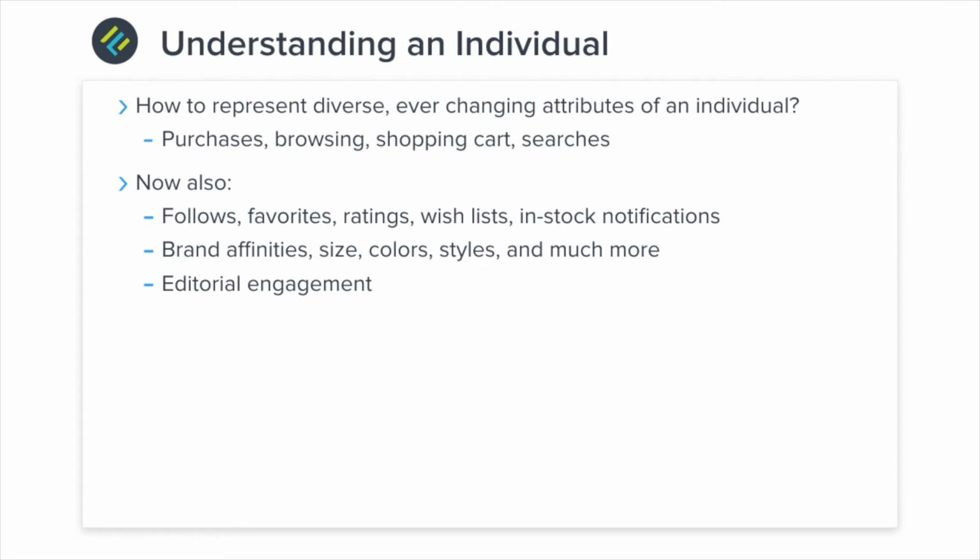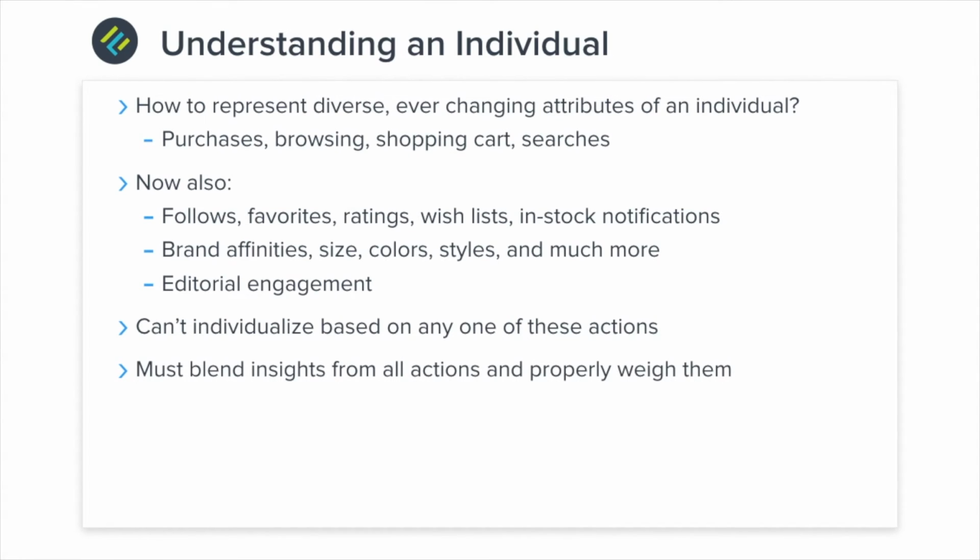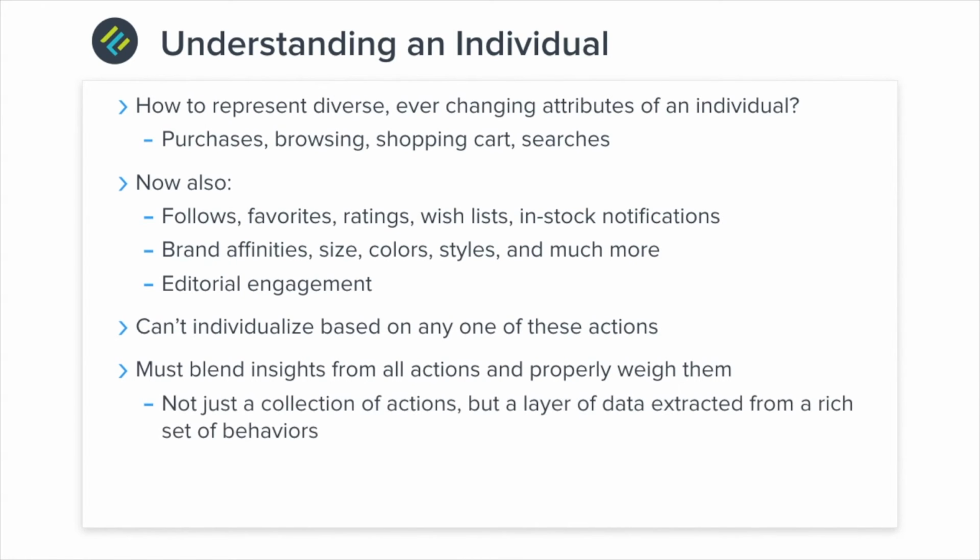Now the thing is, you can't look at any one of these items or actions and base your individualization strategy on that. What you really need to do is blend together insights from all of these actions and properly weigh them, and blend these disparate actions into one lifetime profile. And at that point, you have a deep understanding that you can take action on.